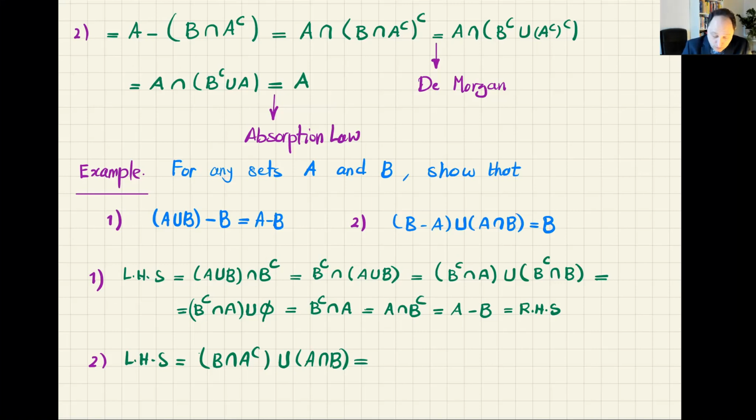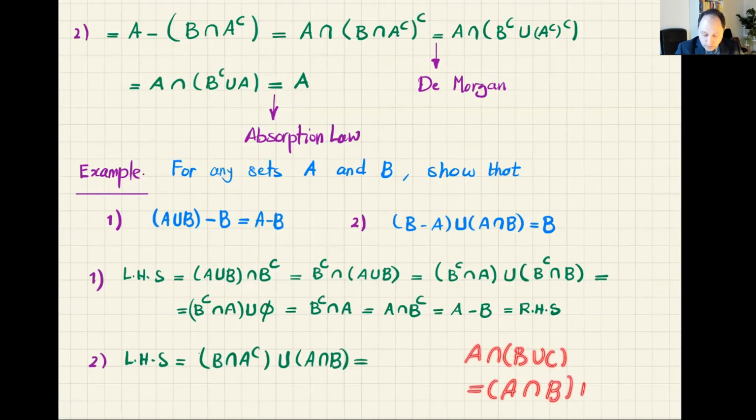Okay, B is repeated. I know, it's the distributive law. Yes, it is the distribution law, but there is a name for that because you see, when I say A intersection (B union C), I distributed from the left-hand side to the right-hand side. What I am writing is called distribution.